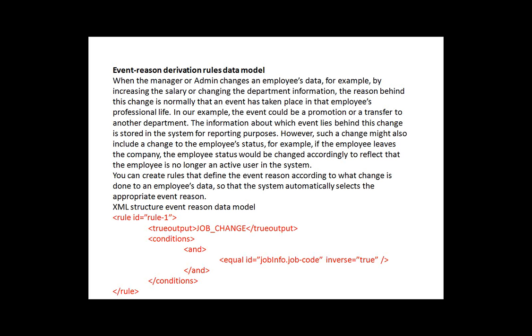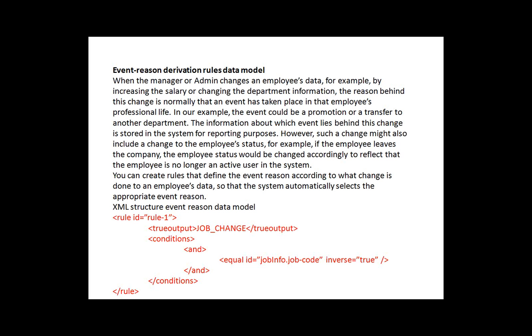So before defining this rule or using this rule, you have to upload this 25 predefined events pick list into the system. The events are like hire, rehire, termination, promotion, change of department. There are 25 of them that have been captured.